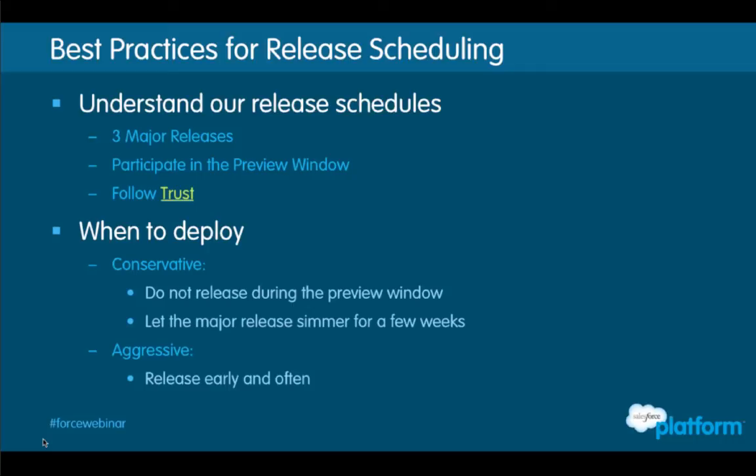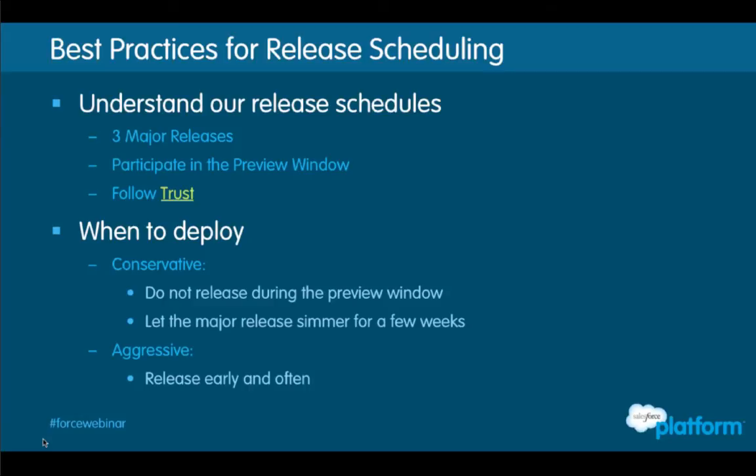So in this particular case, let's say a customer decides to deploy within the preview window. Now, this could be just a couple minutes before the release. And if that's the case, you're actually deploying into the previous release when the new one is about to come out a couple weeks later, where you may, and this happens on an infrequent basis, but it does happen, run into some issues with some changes to features and functionality.